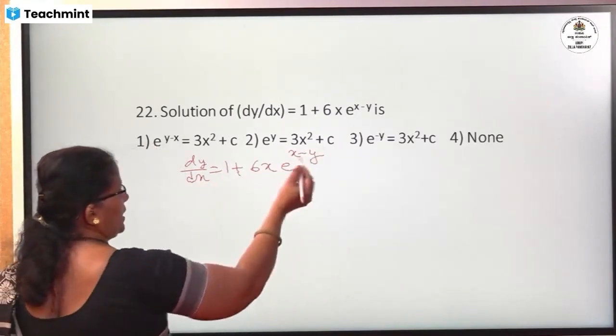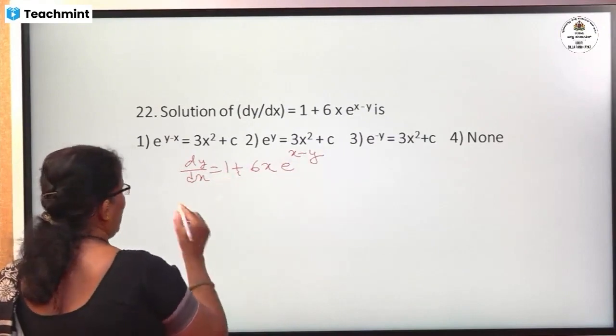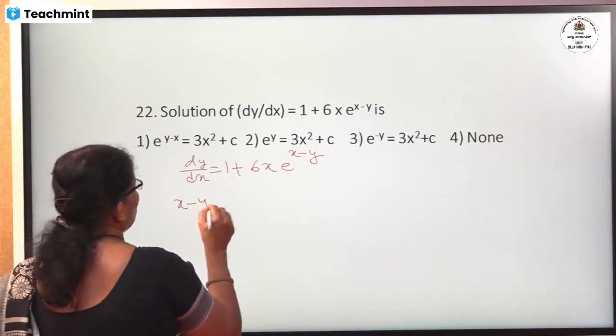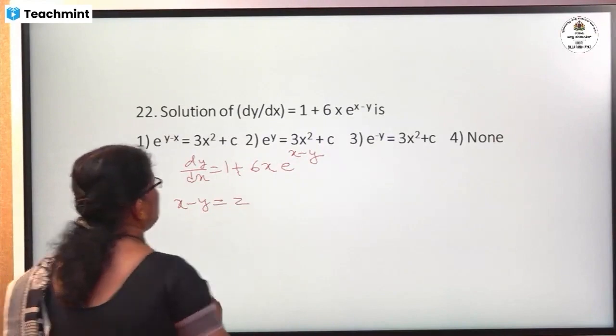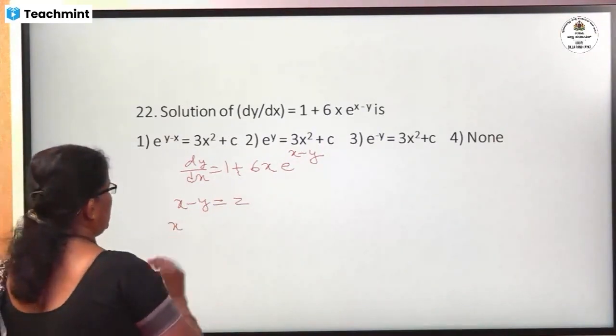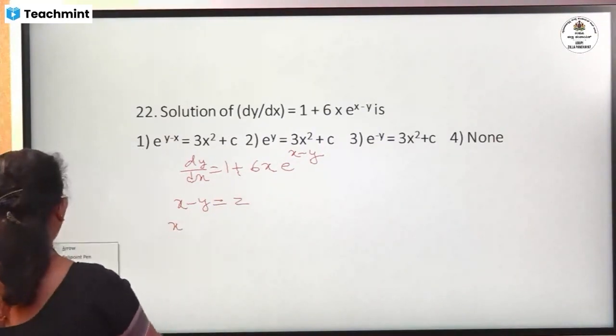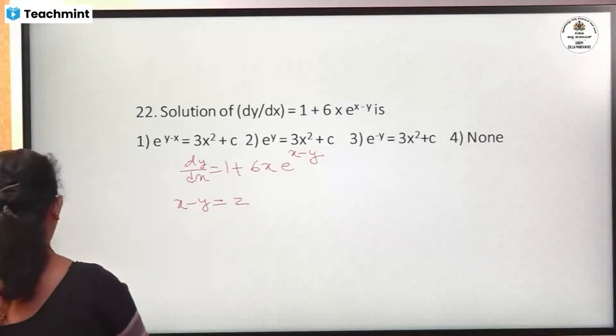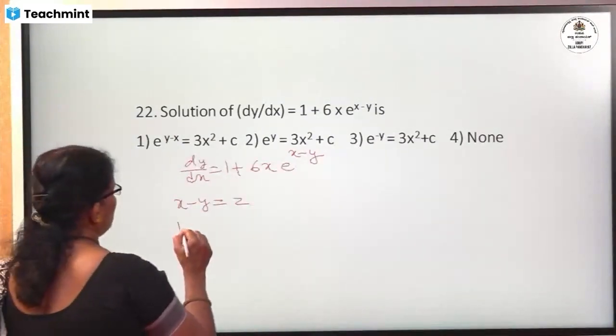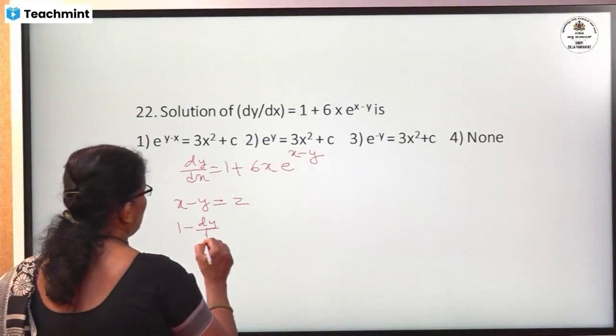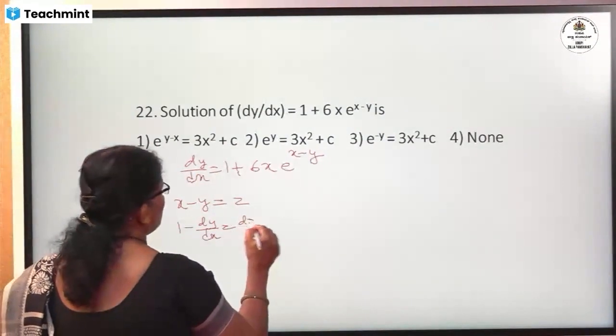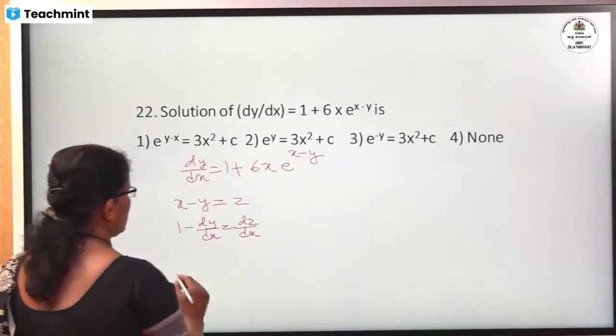Here neither can I separate x and y, in which case I will go for the substitution. x minus y is equal to z. I'll differentiate. What do I get? 1 minus dy by dx is equal to dz by dx.